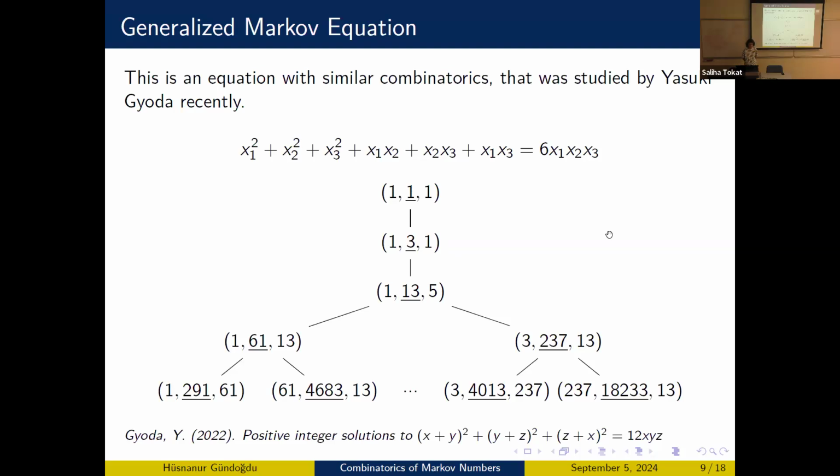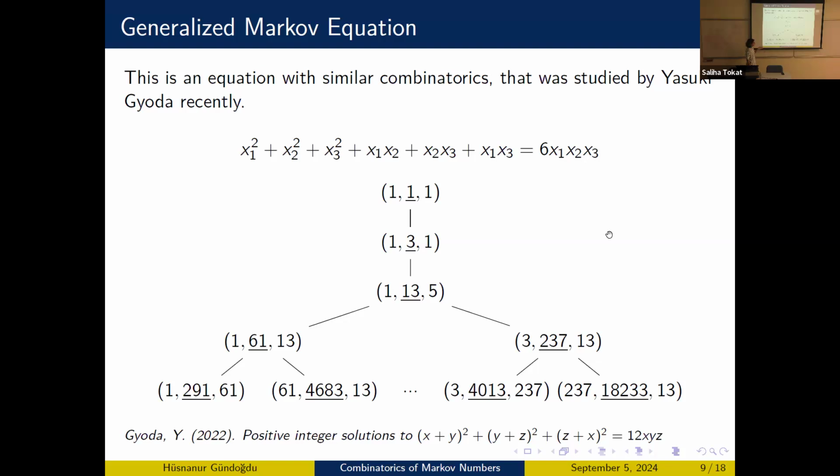We have some generalized Markov equations, which are very similar to the Markov equation. For example, this equation can be an example. We can do the same thing for this equation too.